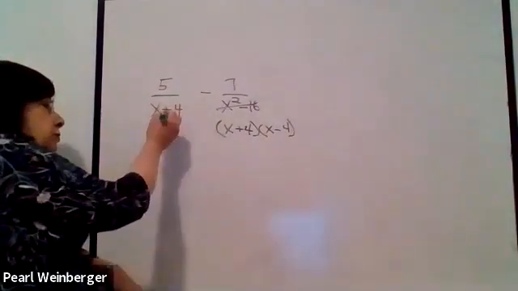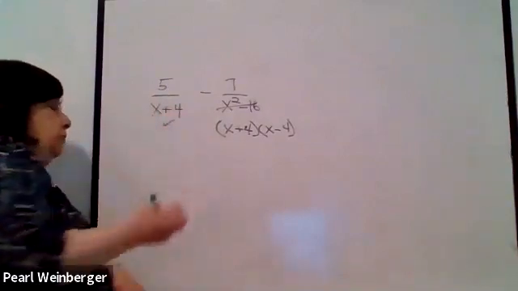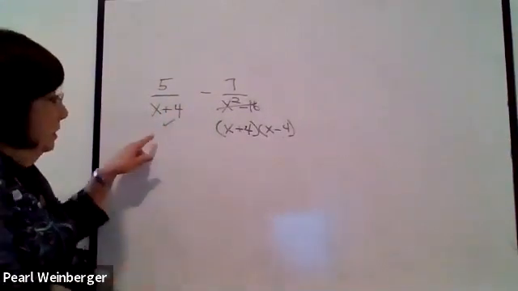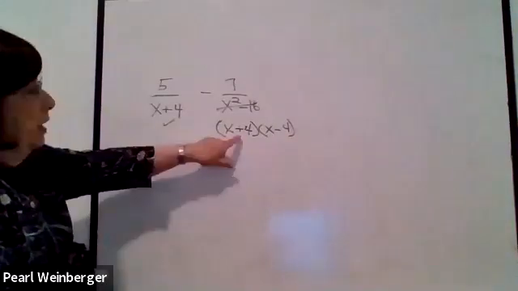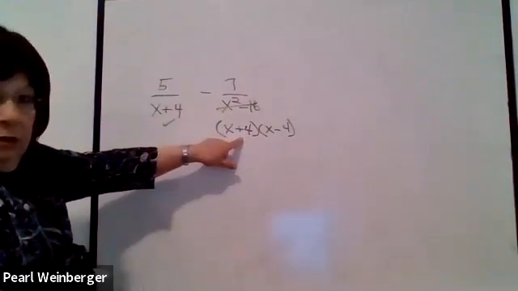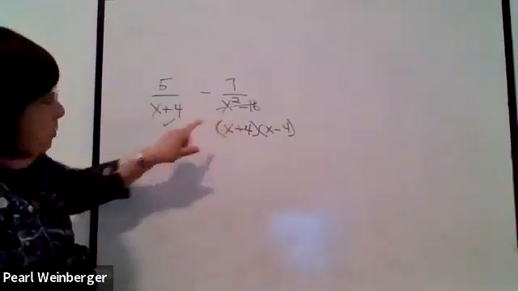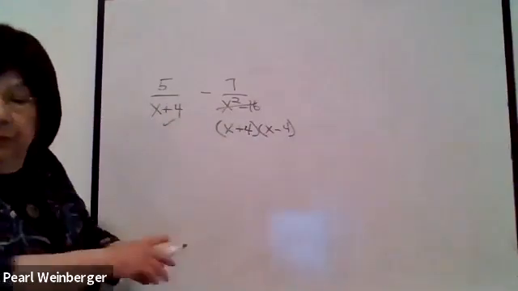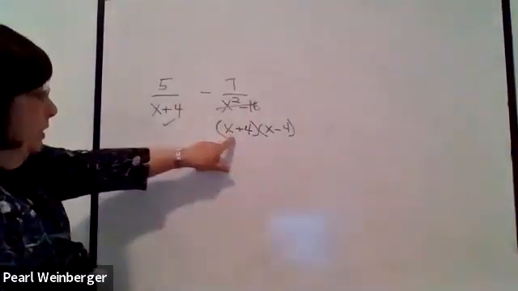And now this is how you pick out your common denominator. Start with your first denominator. Take everything that's there, which is x plus 4. Then go on to your next denominator. The x plus 4 has a check mark already, so I don't need it.